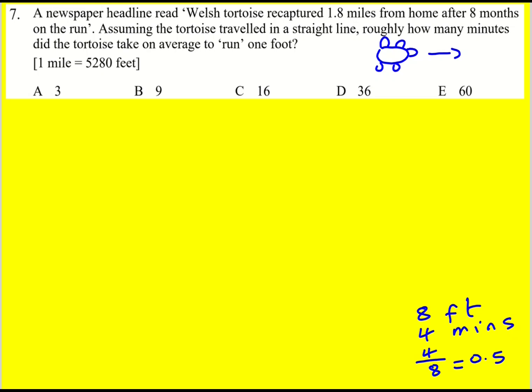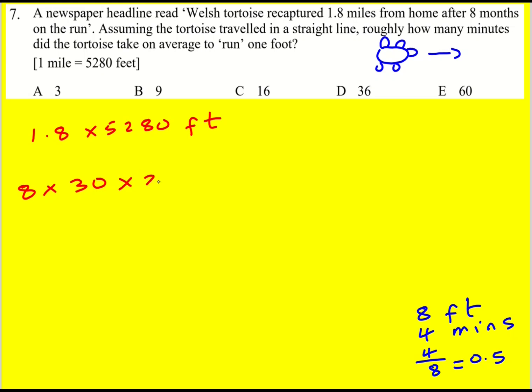And that's the same thing I need to do here. I need to work out the number of feet. Well, 1.8 miles times 5,280 is going to get me the number of feet. And then it's 8 months, so I'm going to do 8 times 30, roughly 30 days in a month. It does vary, but we're only working out the approximate amount here.